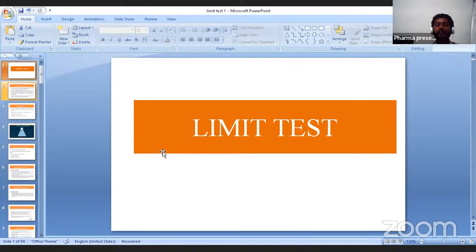Then only it will be acceptable, and then only we can use that raw material, food material, or pharmaceutical product for human consumption. Or else, if it is beyond that, it would be harmful and not useful for us.